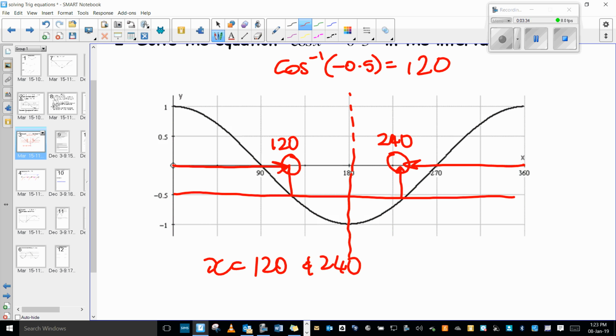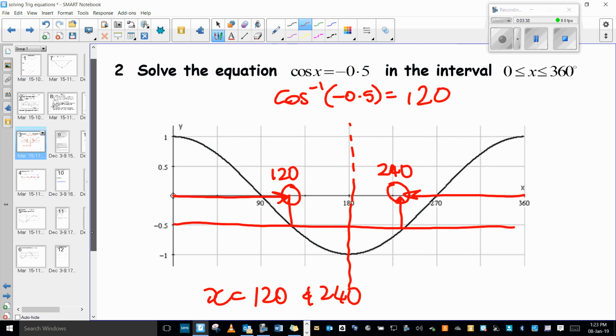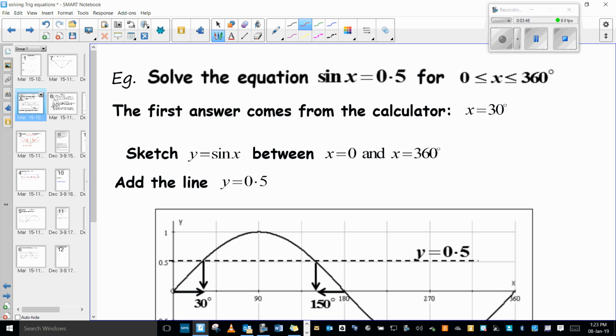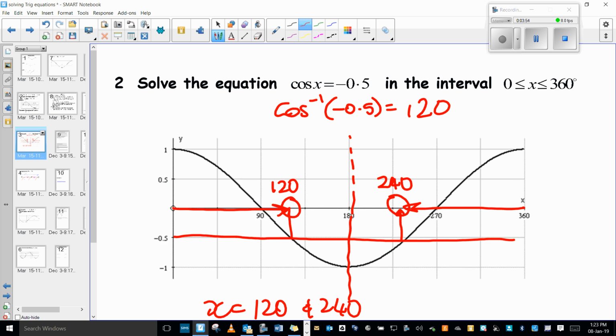Now, at this point, I want to bring in the interval business, because up until this point we haven't really talked about it. In the first question and the second question, the first example had x between 0 and 360. This example is x between 0 and 360. So answers that you give have to be in that interval range.